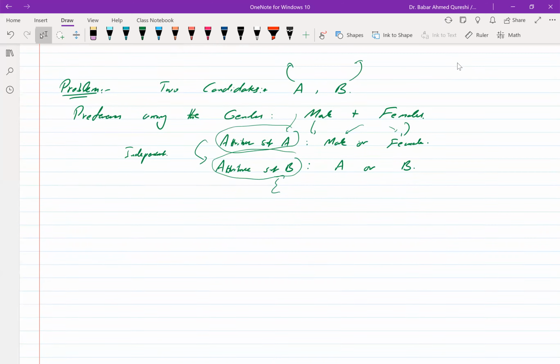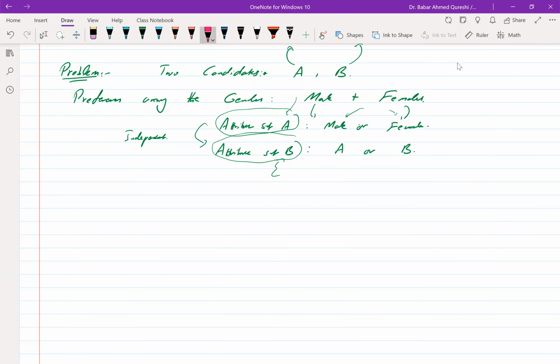So how can we test this? We're going to use the chi-square logic for this. So let me make a table of these two categories. So you have these genders here, these two characteristics, which are further divided into certain categories.